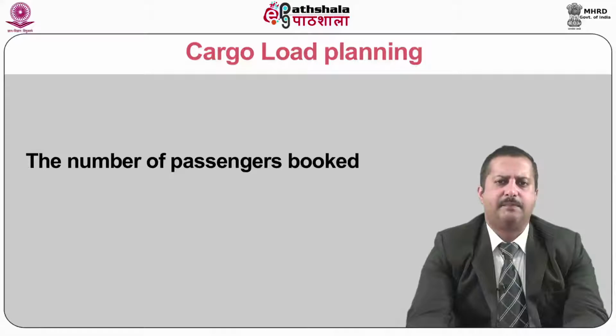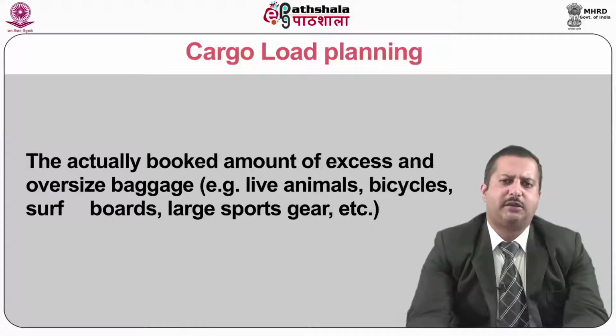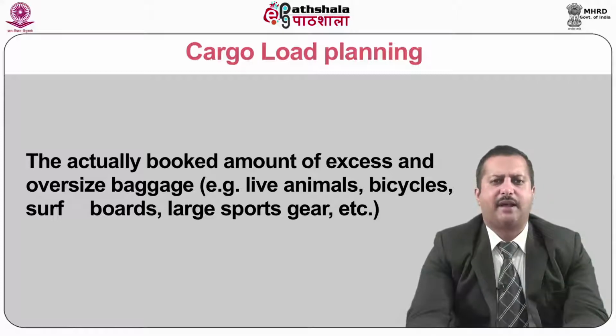Planning of cargo load is generally based on the number of passengers booked for each individual flight, but also the following factors have to be considered: the number of passengers booked, the estimated baggage for booked passengers, the actual booked amount of excess and oversized baggage, for example live animals, bicycles, surfboards, large sports gear, etc.